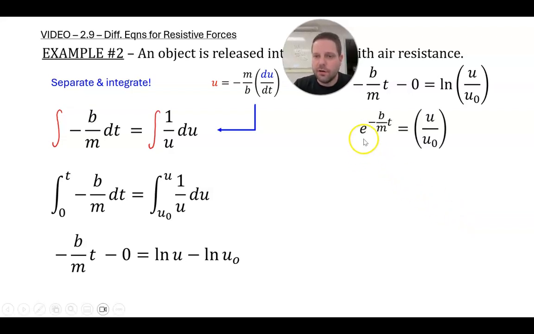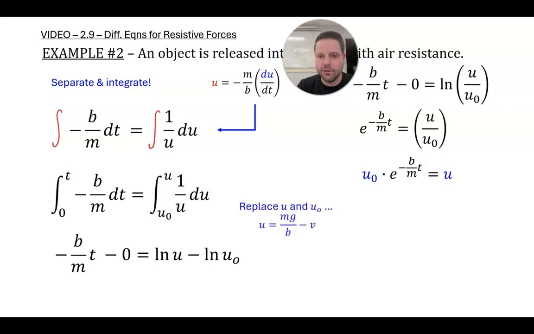To get rid of the natural log, we use the base e raised to the power of negative b over m t, and that gets rid of the natural log on the right side. We can multiply both sides by u naught. Now I need to replace these with what they're equal to in terms of my velocity and original equation. If you remember, I let u be equal to mg over b minus v.